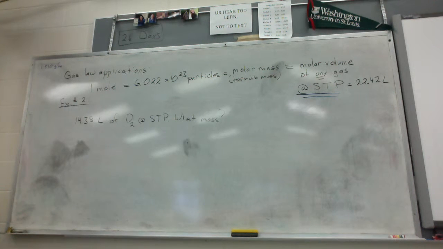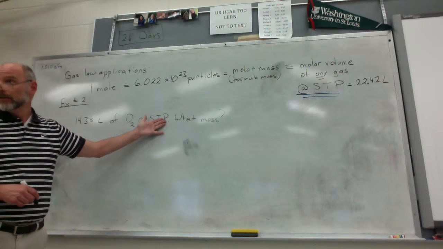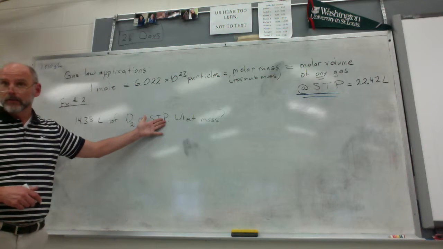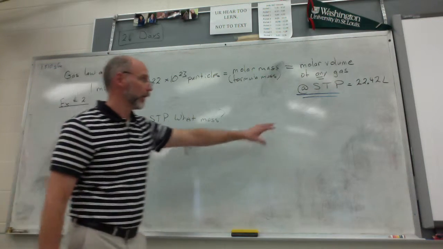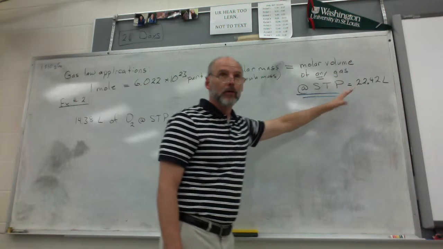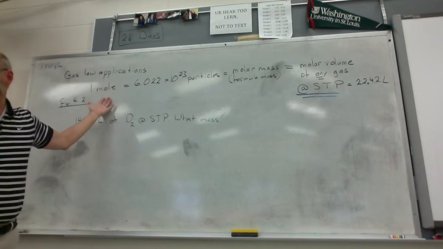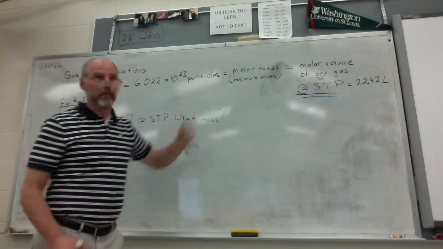Is there anything up there that rattles our brain a little bit? Volume at STP, and we're trying to find grams. Is there anything I can find from volume at STP? Moles, perhaps. And once I get to moles, I can get to grams.